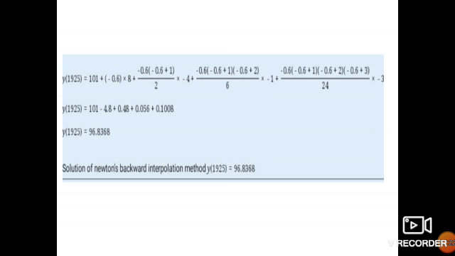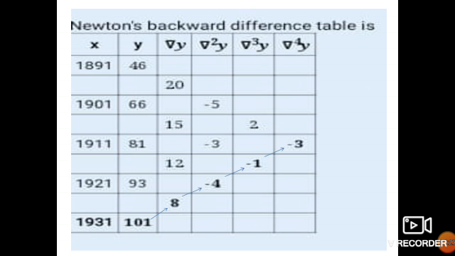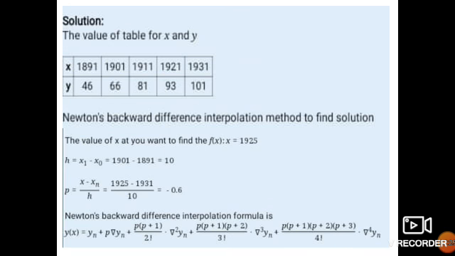So the answer is 93.8368. The interpolated missing value is 93 point something. Now see in the table, we are calculating the value for 1925. So 1925 lies between 1921 and 1931, which is the second half, that is the second slot.